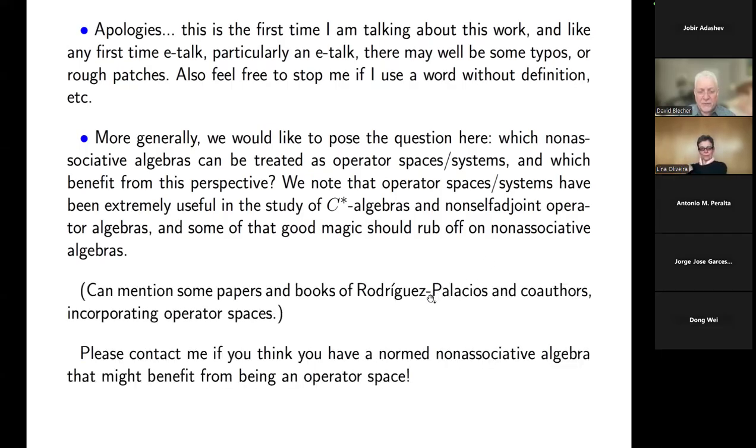So, for example, there are some papers and books, like the book of Angel Rodriguez Palacios and co-authors, which do talk about the matrix norm structure and the operator space structure, and some other people. So feel free to contact me if you have a normed non-associative algebra that might benefit from being an operator space. That would be very interesting.